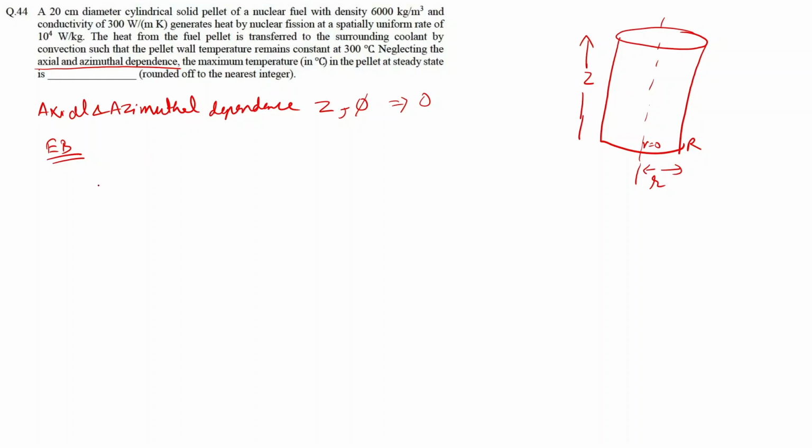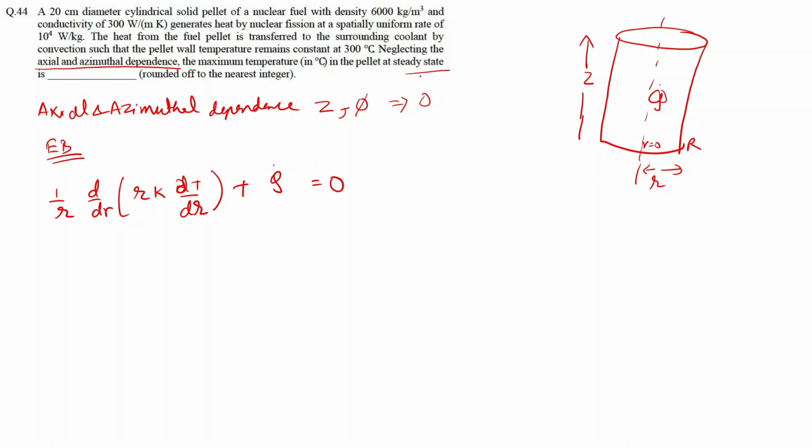So we can write the energy balance equation as 1 by r d by dr of r times k dT by dr, plus we also have this heat generation term, Q dot, is equal to 0. So this energy balance we have to use to find the maximum temperature in the pellet.